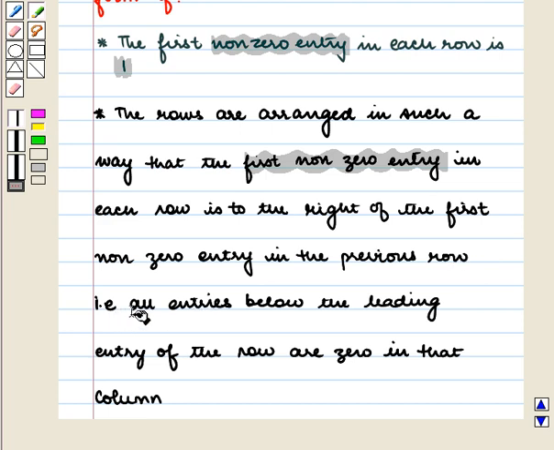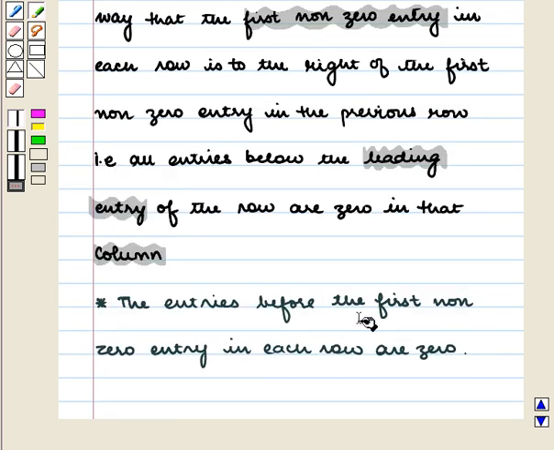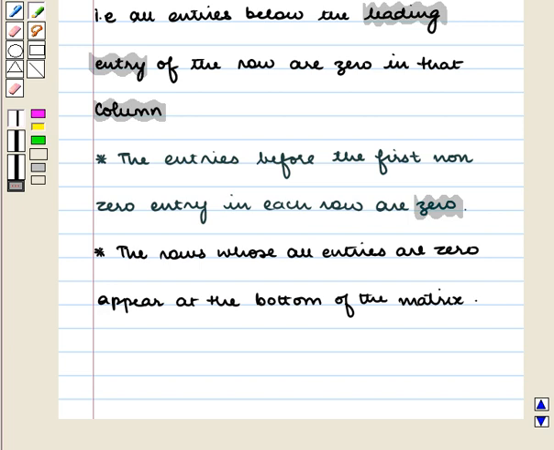That is, all entries below the leading entry of the row are 0 in that column. The entries before the first non-zero entry in each row are 0. The rows whose entries are all 0 appear at the bottom of the matrix.